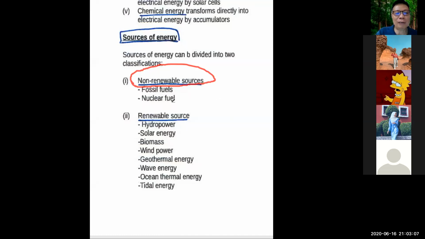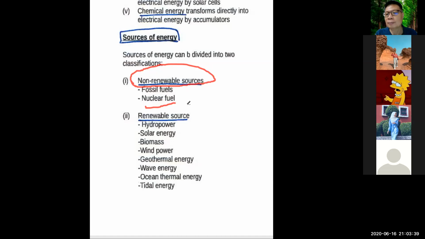Nuclear fuel, nuclear also the same. But I tell you, fossil fuels we use so much now, but nuclear, no, we didn't use. For example, in the world only a few countries know the technology of using nuclear energy, like the United States, Russia, China. These few countries have the technology to use nuclear energy to produce current.